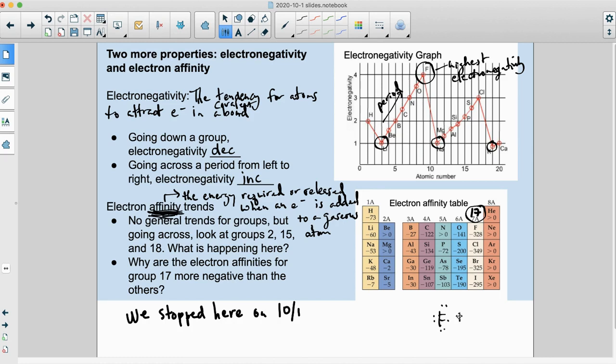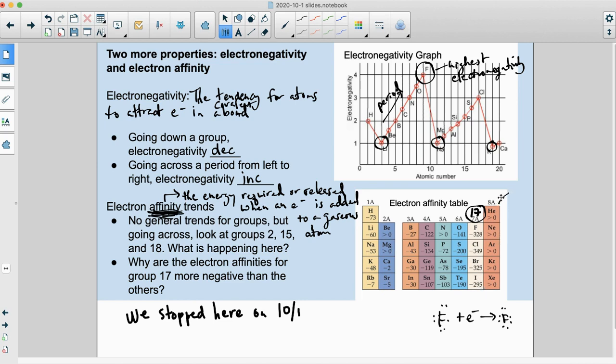If it gains 1 electron, it looks like neon. It's got 8 electrons. It's got that closed outer shell now, so it is very happy. It will release a bunch of energy when we add an electron to it. So all of the halogens in group 17 are very happy to take on electrons. The release of energy means that we're lowering the energy of the atom, becoming more stable. So we can see that there's quite a big release of energy.